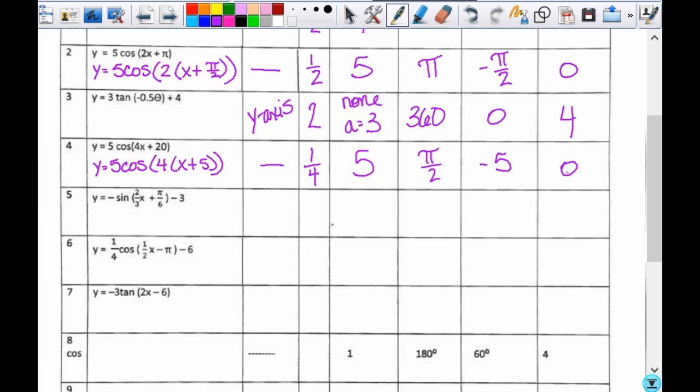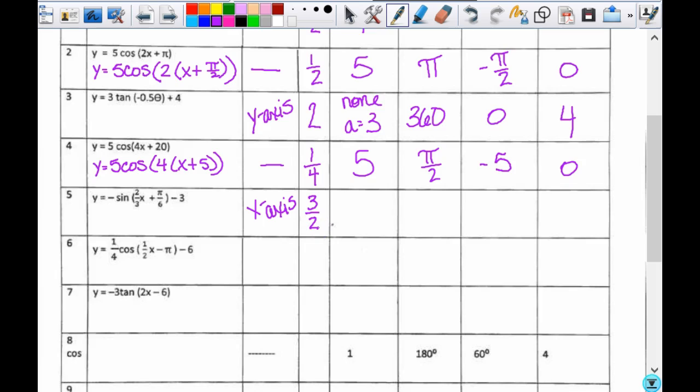Everybody good? All right, do I have a reflection on number 5? Yes. X or y-axis? X. All right. Then horizontal stretch or compression, what is it? Okay, it is a stretch, and what's the number? 3/2, yeah. Nothing complicated, it's just a reciprocal, just like 1/4 is the reciprocal of 4.